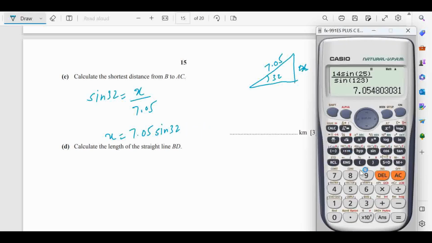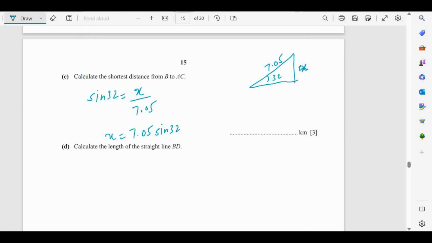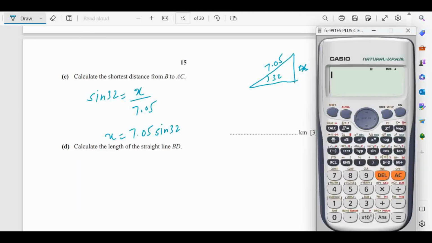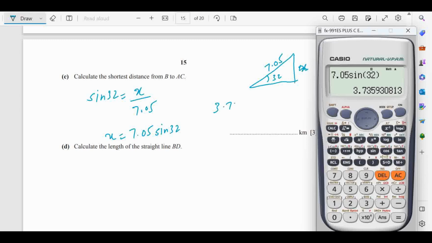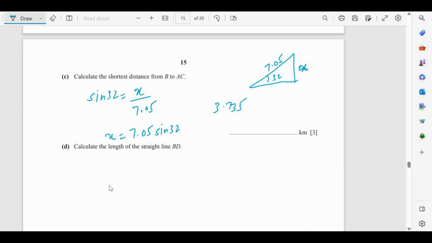Using the calculator, this will be equal to 3.735. So 3.74 kilometers will be the final answer.